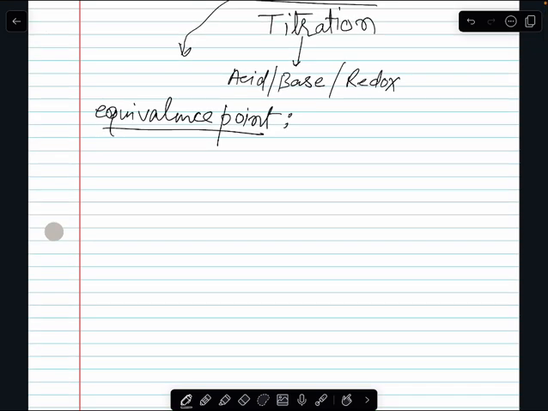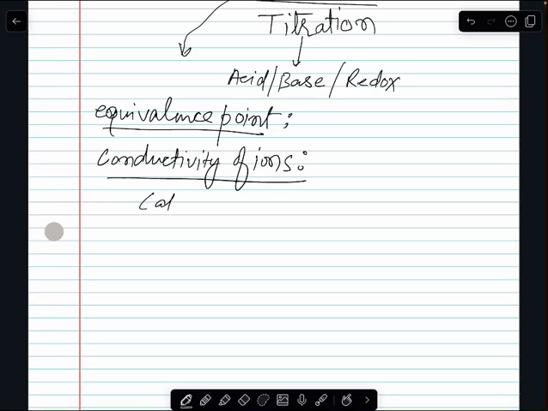So what we should first understand is the conductivity of ions. Among cations, the conductivity of H plus ion is really high, and among anions the conductivity of OH minus ion is really high.